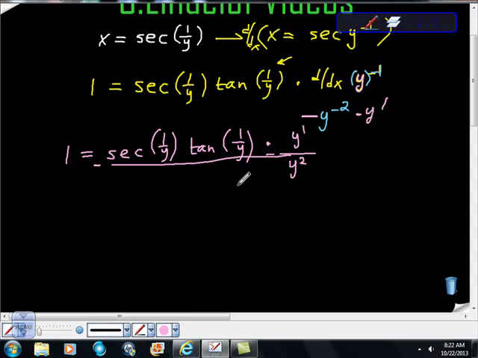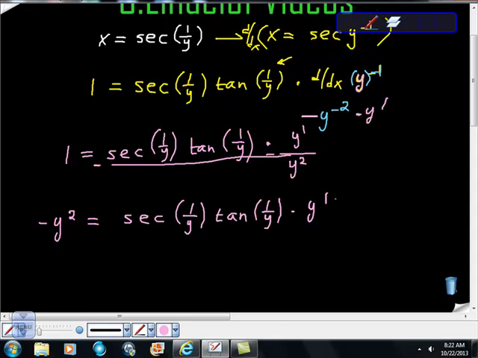Oh, I can cross multiply here. I'm going to use means extremes here. I'm going to cross multiply, so I'll get y squared, and I'll leave the negative sign with it, is equal to secant 1 over y tan 1 over y times y prime.